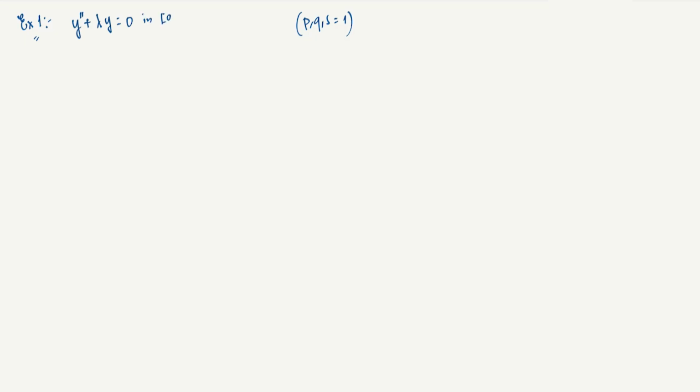This is in (a, b). For now, let me just put it as (0, pi), so basically a is 0 and b is pi. And then you have the boundary conditions y(0) equals 0 and y prime of pi equals 0.